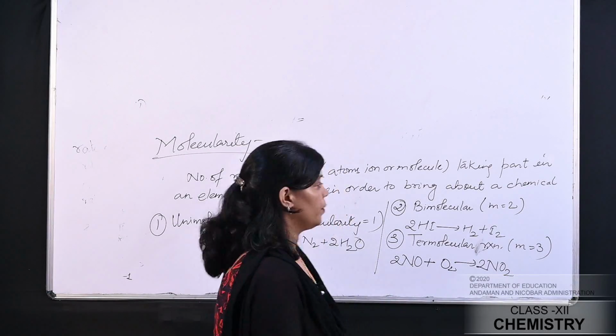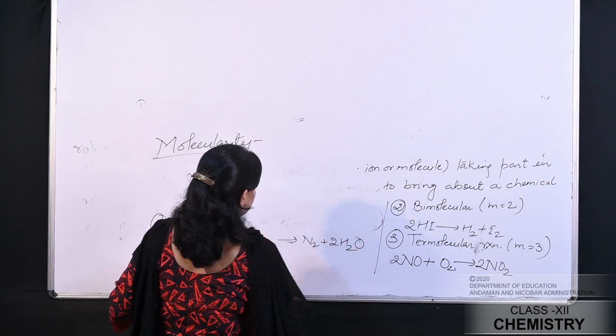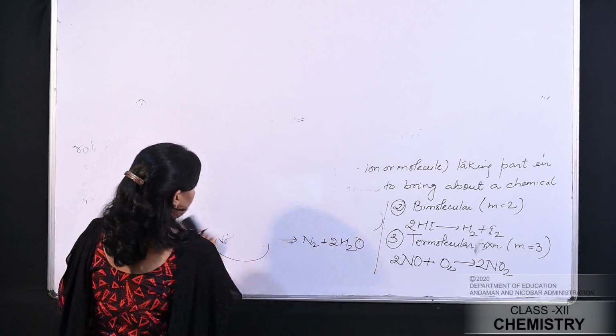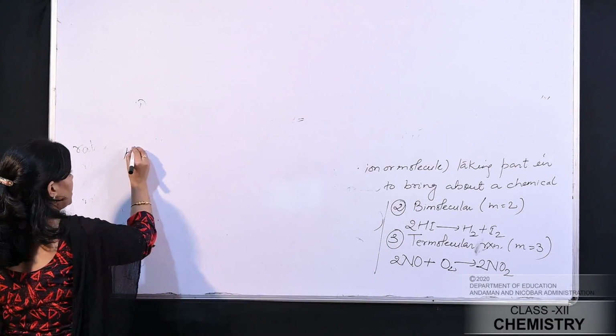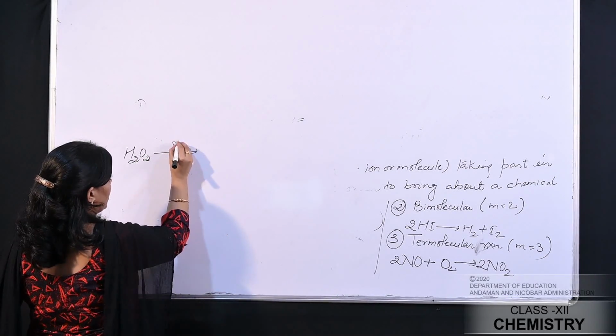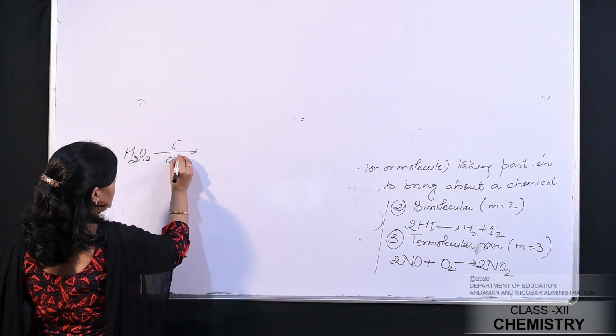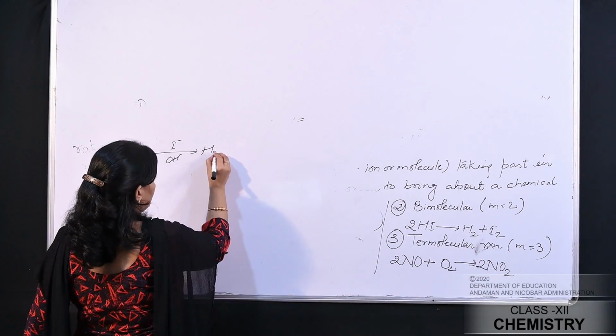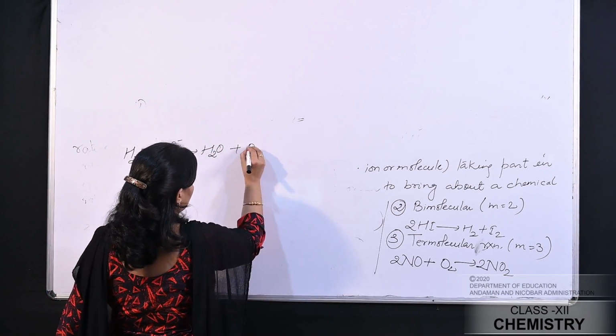It can be explained with the help of an example: the decomposition of hydrogen peroxide, carried out in the presence of the catalyst I negative in alkaline medium, which gives the products H2O plus O2.